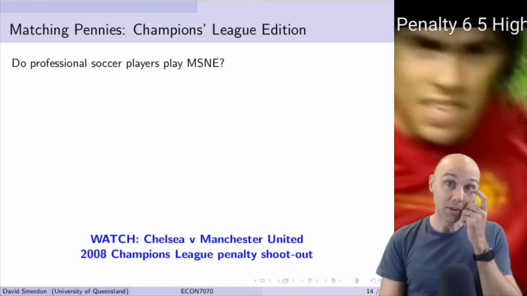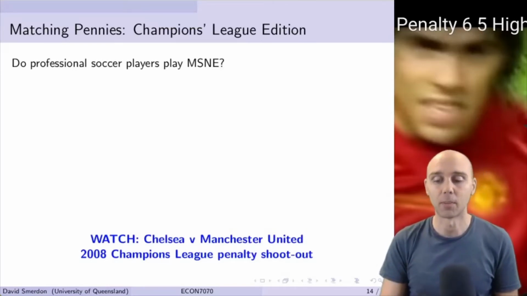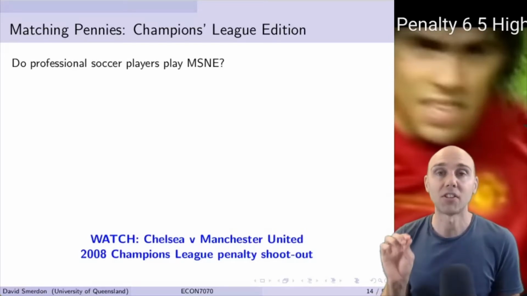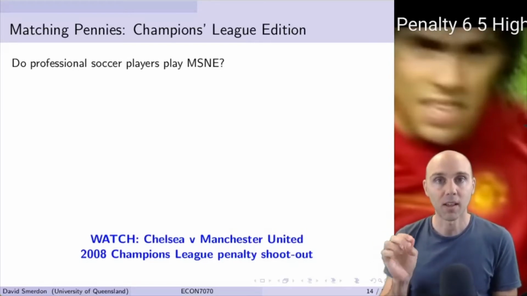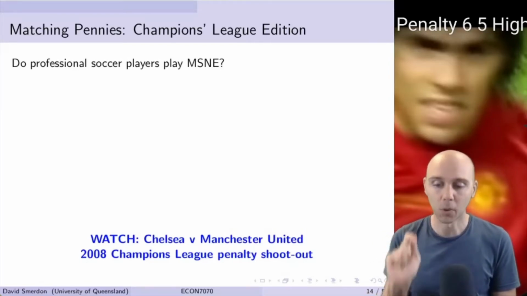So the game theorist did a bit of research. He looked at the Manchester players, he looked at the Chelsea players, and he realized that the Manchester United goalkeeper, one of the best goalkeepers in the world, wasn't exactly diving in the proportions that Nash equilibrium would suggest. He was a little bit off, which meant that he could be exploited.